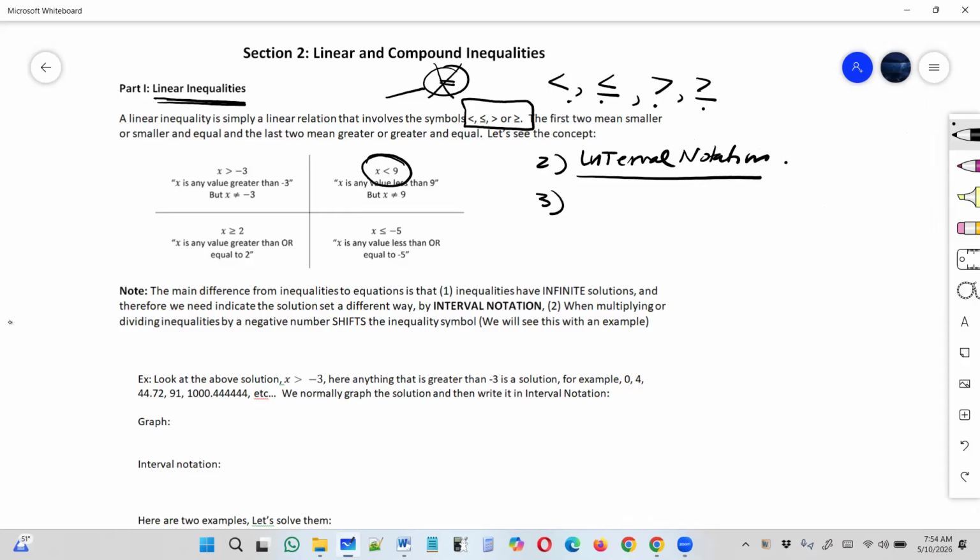Number three, in order to solve these inequalities, we're still going to try to balance the inequality with the plus, minus, multiplication, and division operations in the exact same way as we did with equations, right?